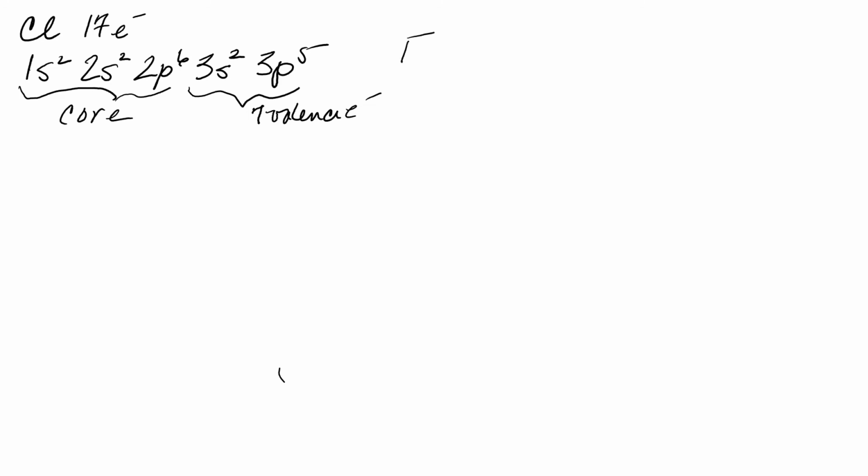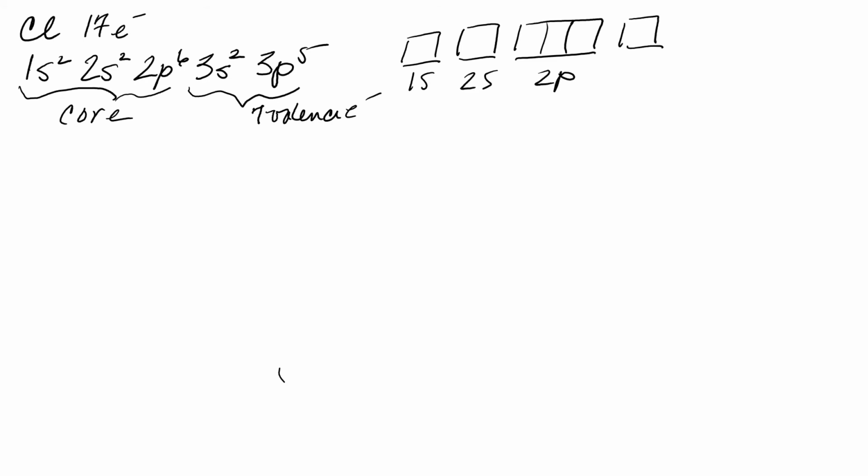Orbital diagram for chlorine, we need a 1s, a 2s, 2p, 3s, and the 3p.